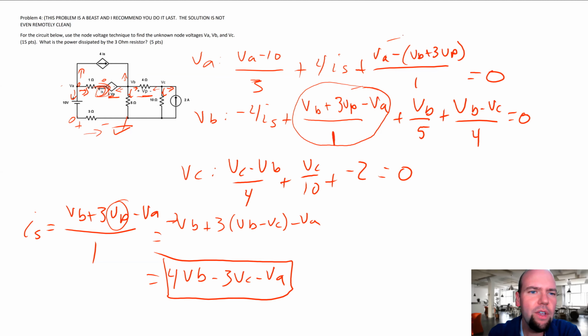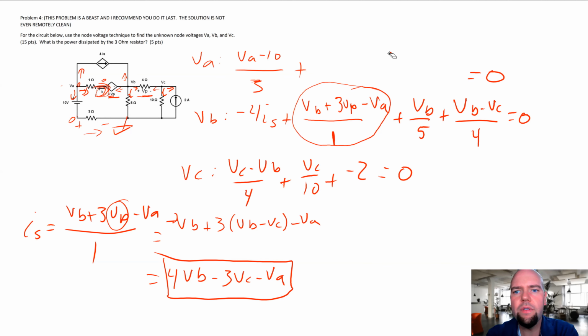So this one was 4 IS. This one was negative IS. So that cleans up to 3 IS total.